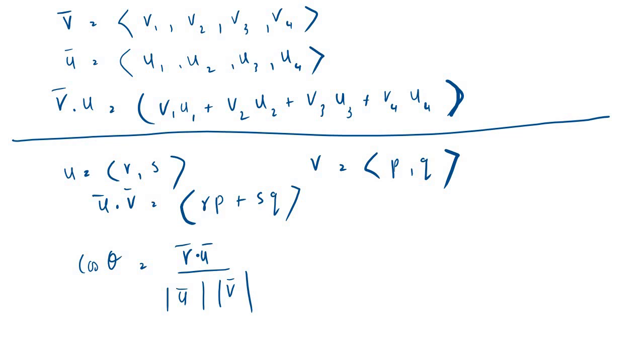The magnitude of U would be the square root of R squared plus S squared, and the magnitude of V would be the square root of P squared plus Q squared. So you can get the cos of the angle between the vectors.